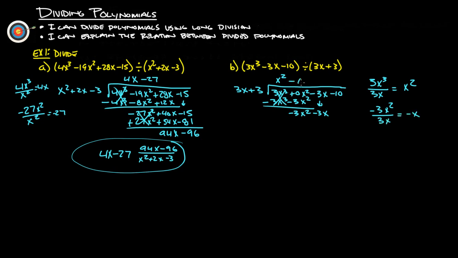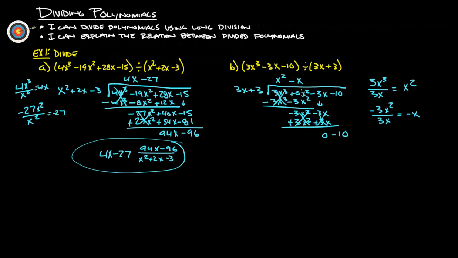So we got x squared minus x. Negative x times 3x is negative 3x squared. Negative x times 3 is minus 3x. But we got to switch both signs, right? Plus and plus. And then look, those cancel out, and these also happen to cancel out. So we get 0 minus 10.